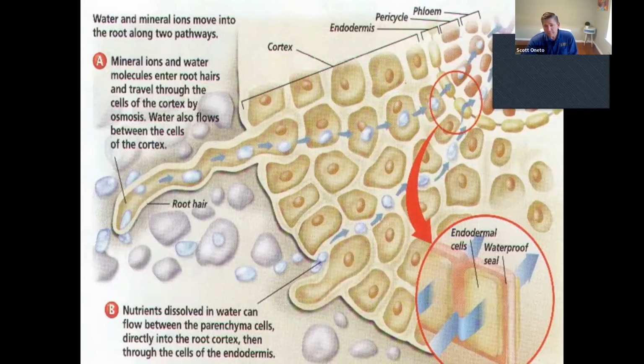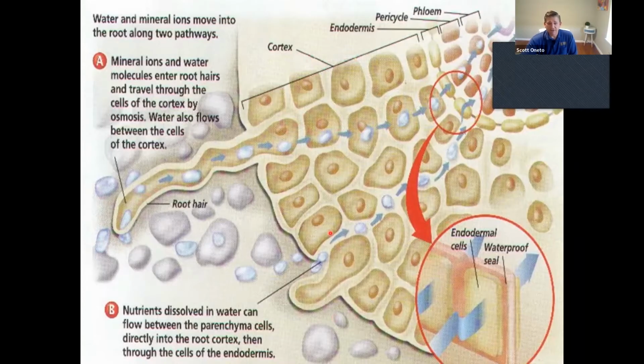So you can kind of envision here, water molecules out here, they get taken in by this cell, and then they get basically transferred across cell walls from this cell to this cell, from this cell to this cell, until it reaches the xylem.